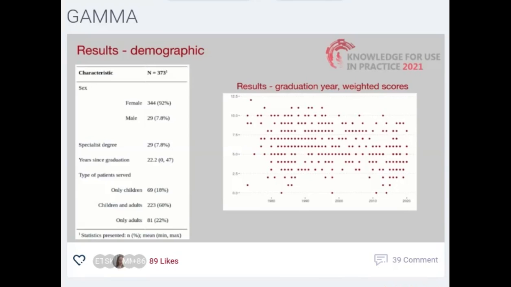The specialist degree is also a small proportion. And when we see the graduation year, we see we have dentists from all age groups. So the sample was representative of the whole Latvian dental population.